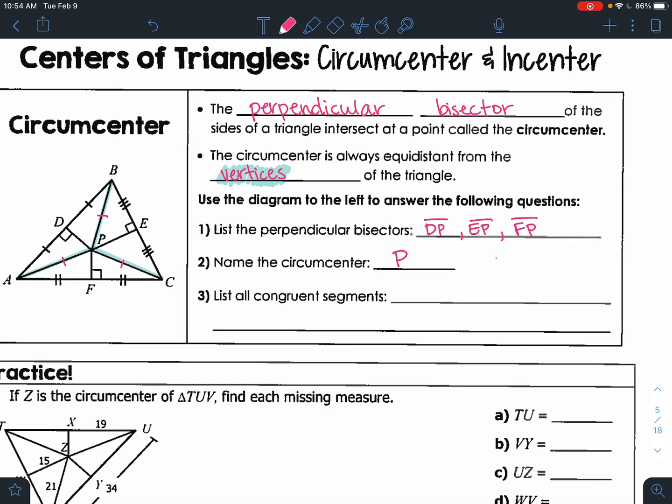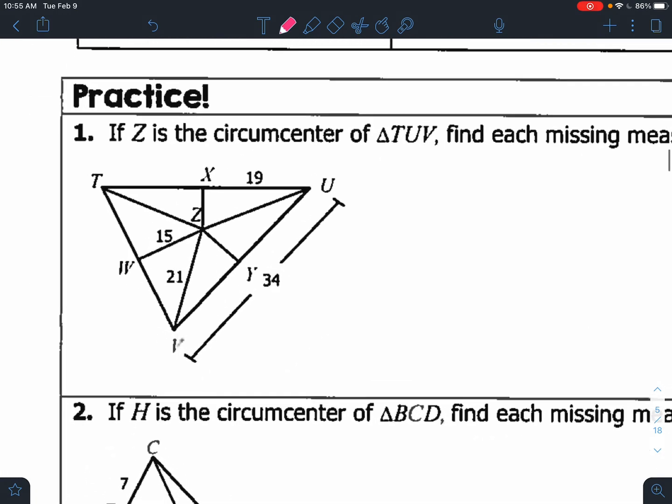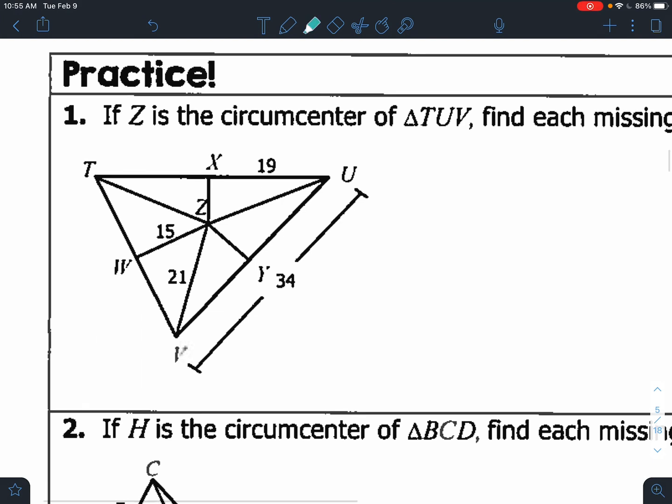And our congruent segments. There are a lot of them, so one thing to take into account is that all of the sides are being split evenly, and that point is equidistant from the angles. So if we take a look at this picture here, notice we don't have any markings, nothing's marked perpendicular, nothing's marked congruent, but what we do have is that Z is the circumcenter.